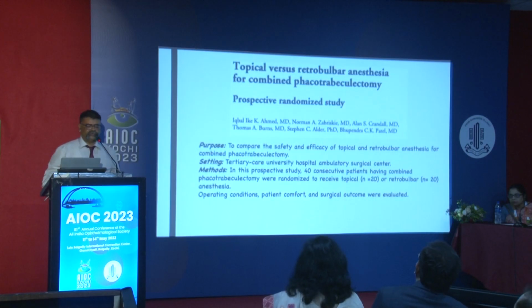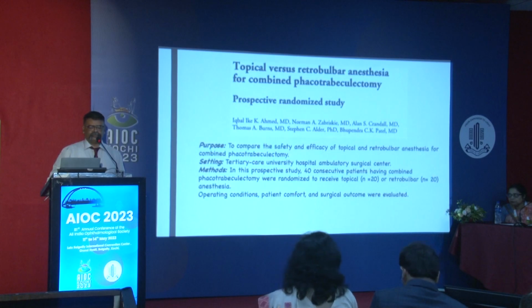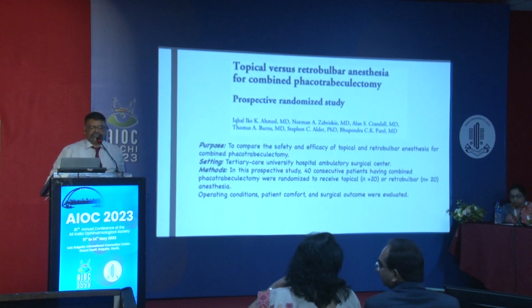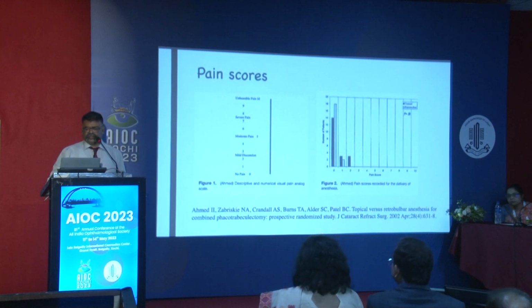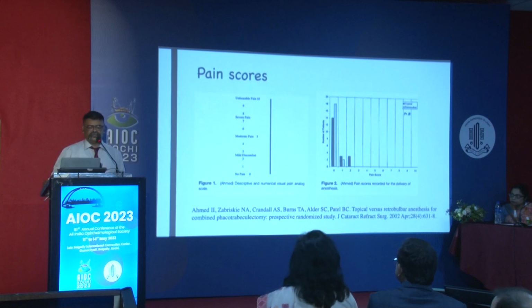So this was a study by Ike Ahmed, one of the leading lights in glaucoma, a few years ago, where it was a randomized prospective study comparing topical versus retrobulbar anesthesia in combined phacotrabeculectomy. He used the pain analog score, in which 0 to 2 would be minimal pain score levels.